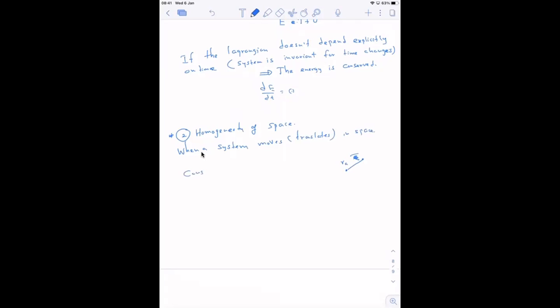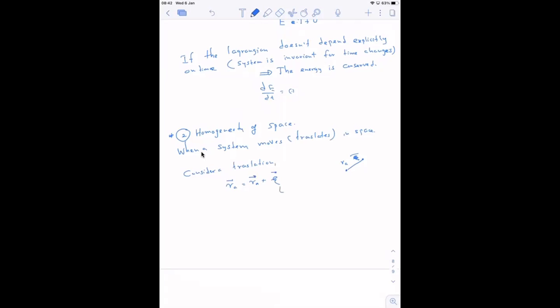Consider a translation called RA equals RA plus epsilon. Initially it's at a position, let's say at RA, and then it moves a distance of epsilon like this.